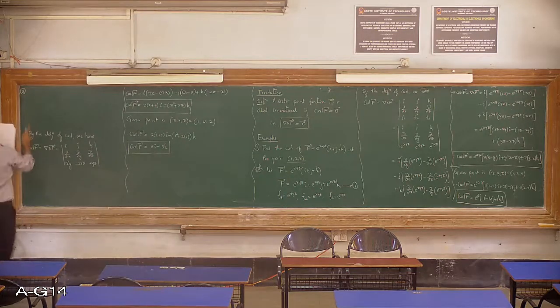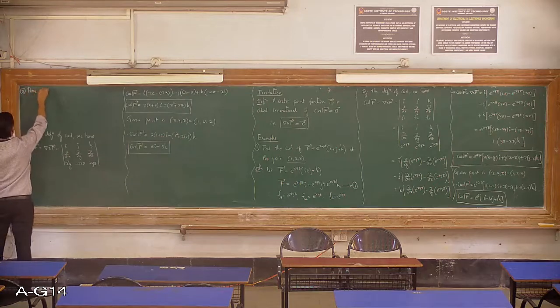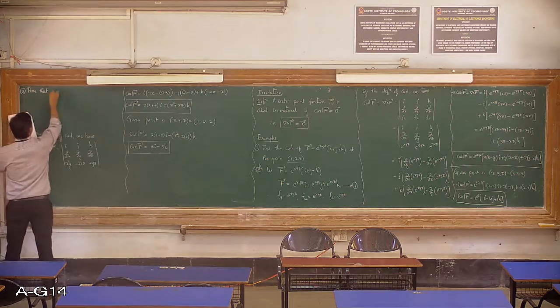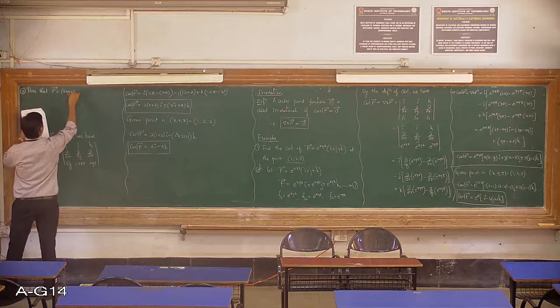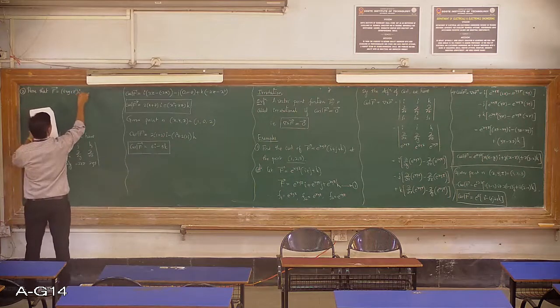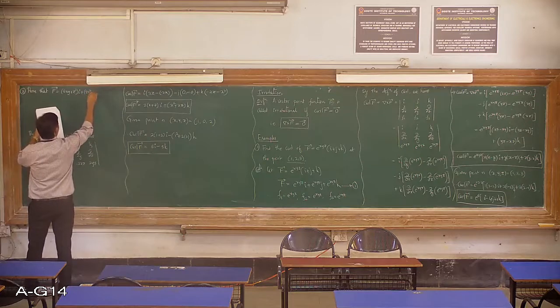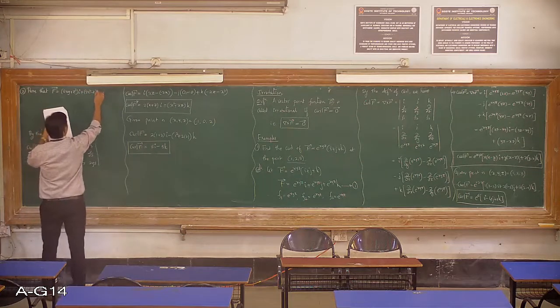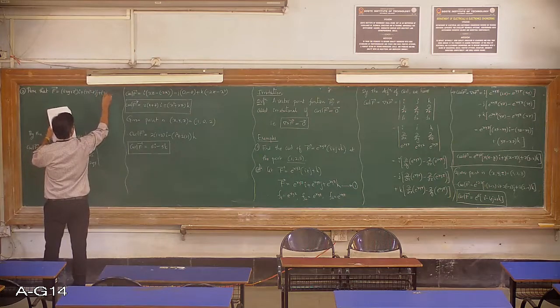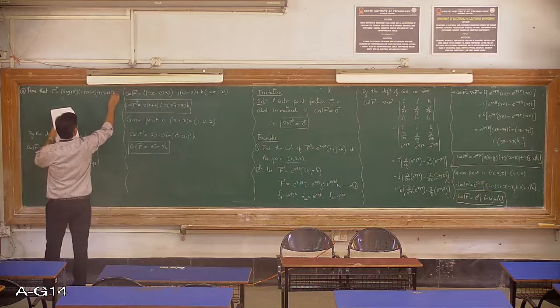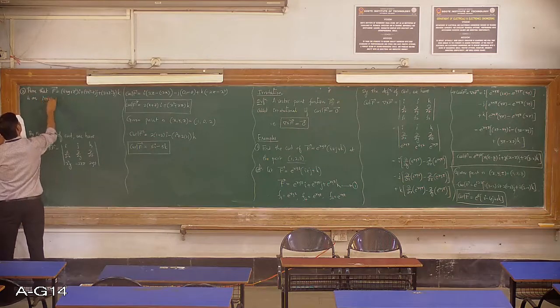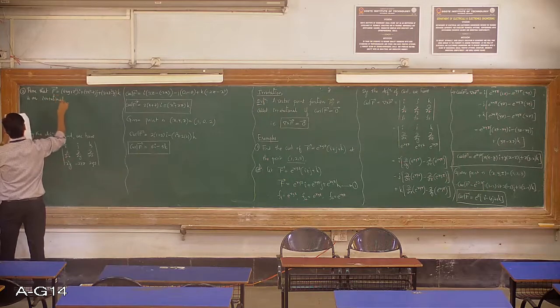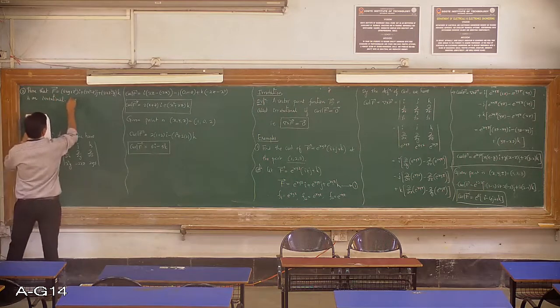That is, the third example is: prove that F equals (6xy plus z cube) i plus (3x square minus z) j plus (3xz square minus y) k is irrotational.